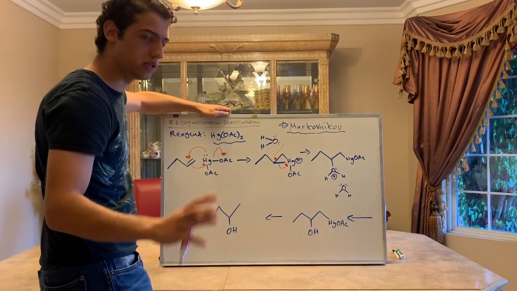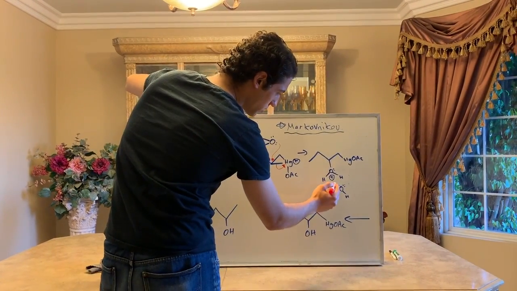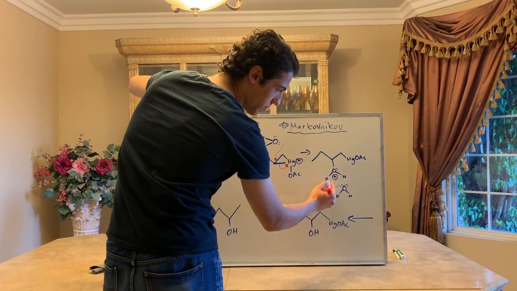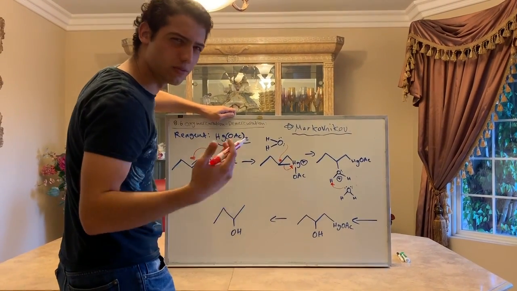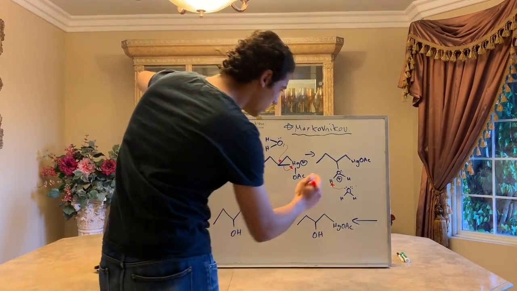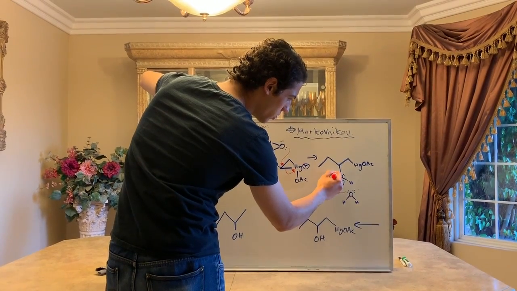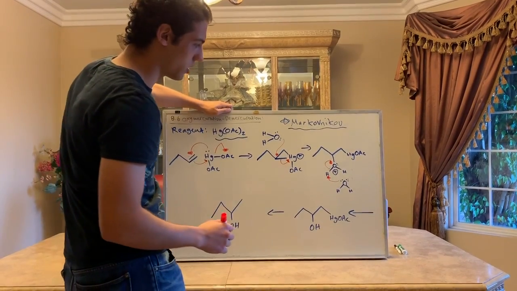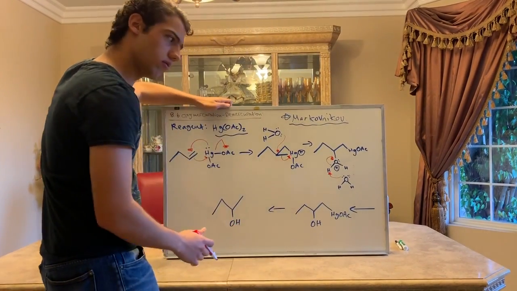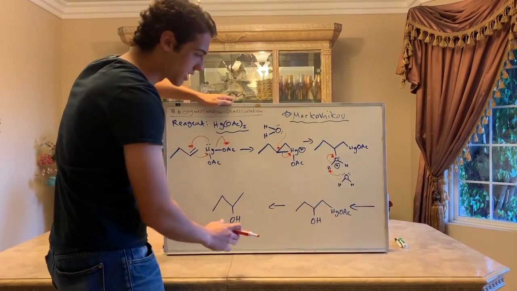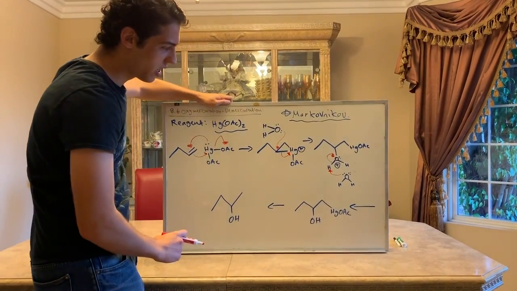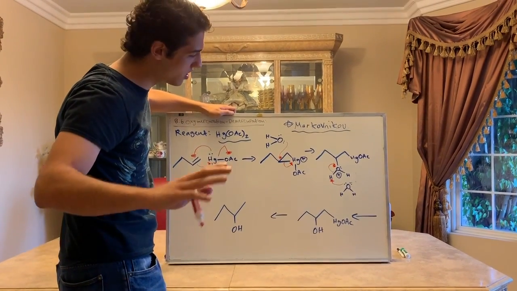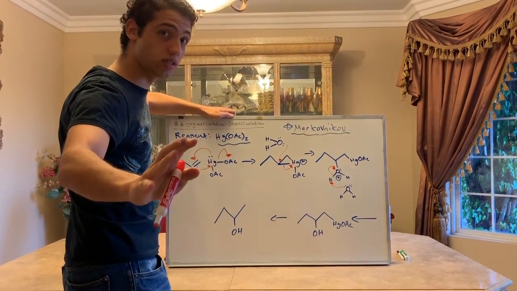I still have water in my medium, don't forget about that. That water would come and extract the hydrogen because oxygen is positive here, and do we like oxygen positive? No, we don't. And then this bond would also break and give those electrons back to the oxygen. My result is this H got extracted. I'm left with an alcohol group right here, OH, and I have my mercury right here. This is beyond the scope of our class, and you really don't need to know it.